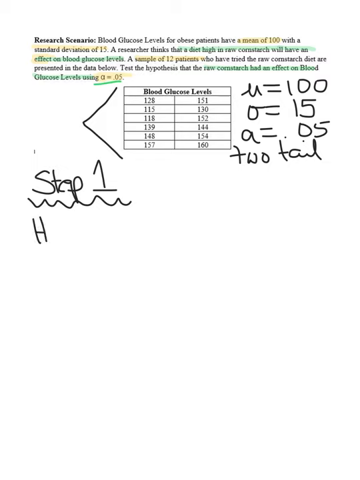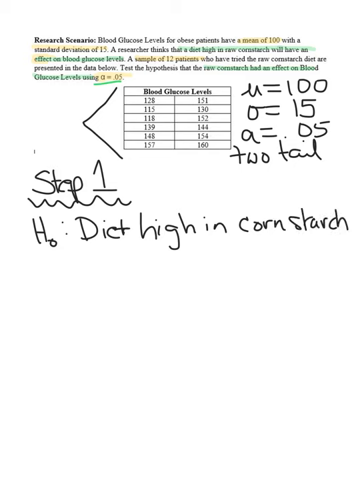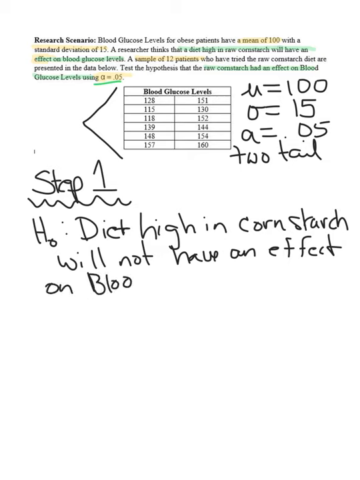So in this case, the null is basically that the diet high in raw cornstarch will not have an effect on blood glucose.